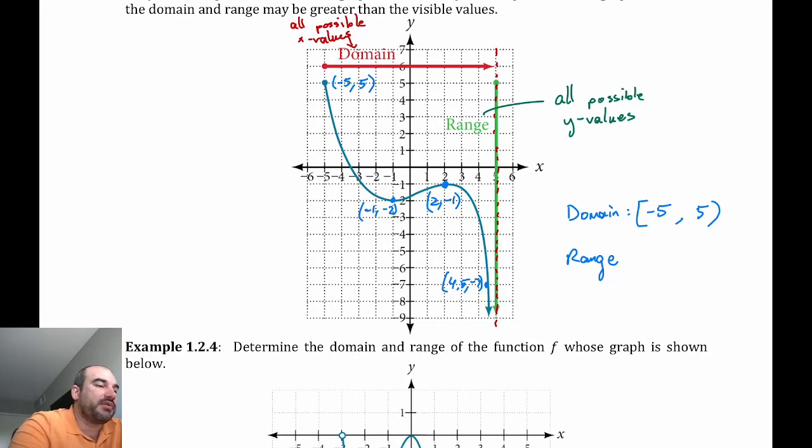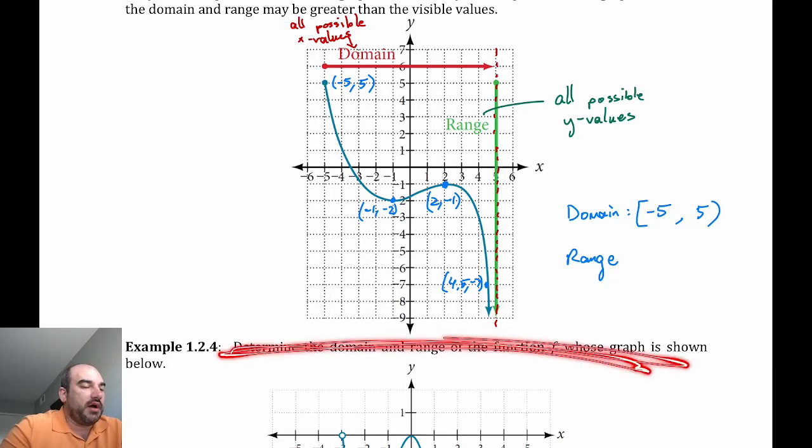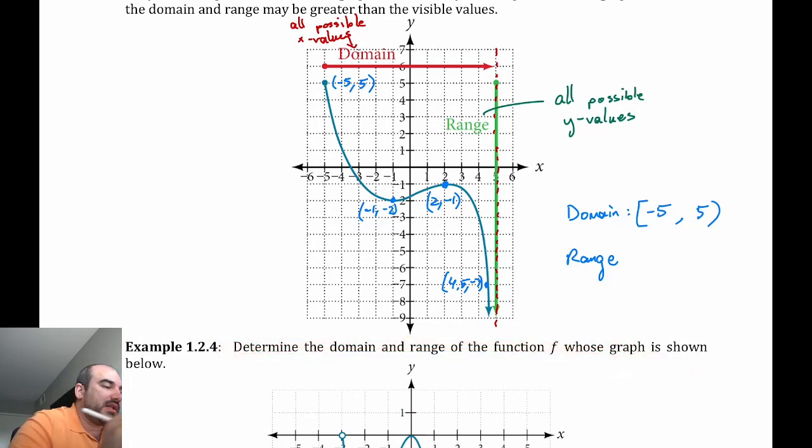If this line keeps going down forever, then my y values will keep going down forever, right? So there is no end to the y values here. There's no cutoff to stop the y values. So actually the smallest y value is going to be, well, not a value, but it's going to be -infinity, correct? Because there's a down arrow and the graph is going down forever. What's the largest y value on our graph?